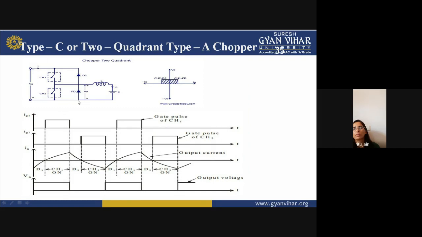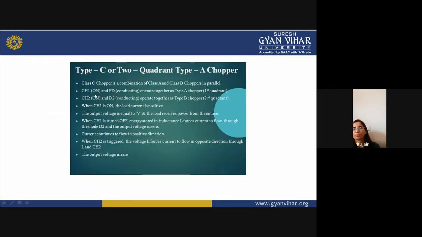So the freewheeling diode will conduct, but the direction of current will remain the same. When CH1 is on, the load current is positive, the output voltage is equal to V, and the load receives power from the source.